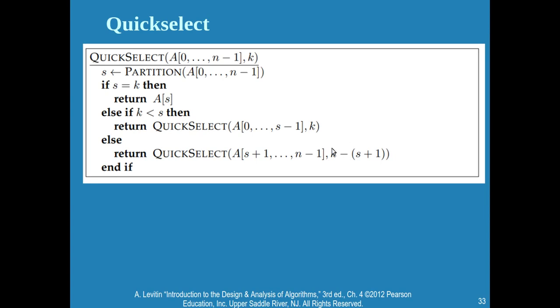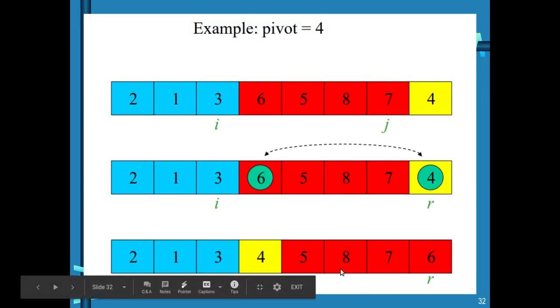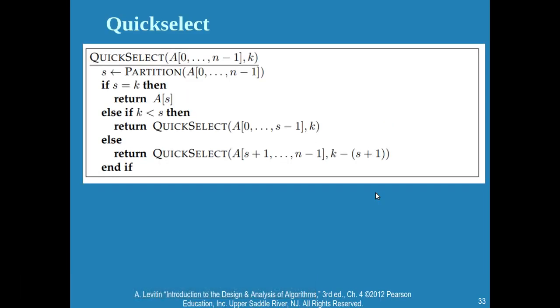Here we pass the end of the array, everything past the original anchor to the end, and of course we adjust our K, because now that we have a smaller array, we need to slightly adjust our K so that we're still looking for the right kth element. So that's how this fits in.